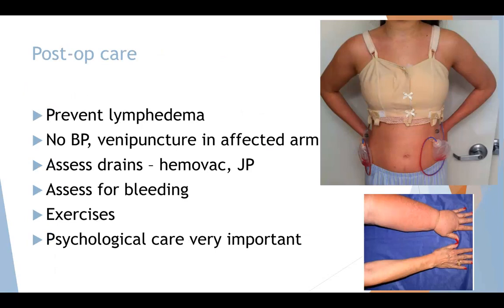So post-op care, one of the priorities is going to be to prevent lymphedema. Usually with those mastectomies, they're going to be taking some lymph nodes. They want to see if this cancer has spread. The lymph nodes tend to be in the upper underarm areas, and they usually want to take those out.